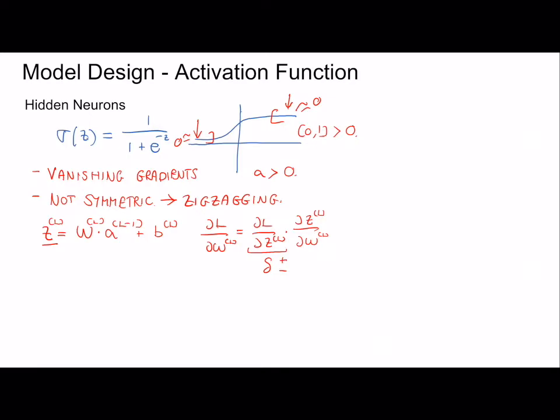And then this guy here is A. So the gradient of this is the vector A, and we know that each element in this vector is greater than 0.